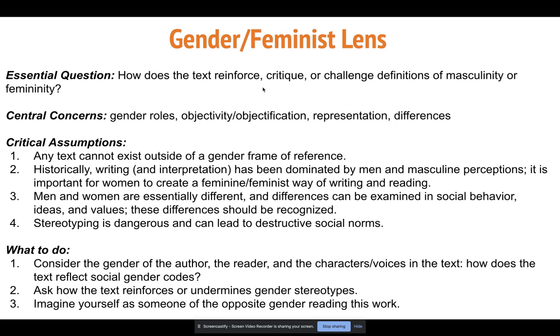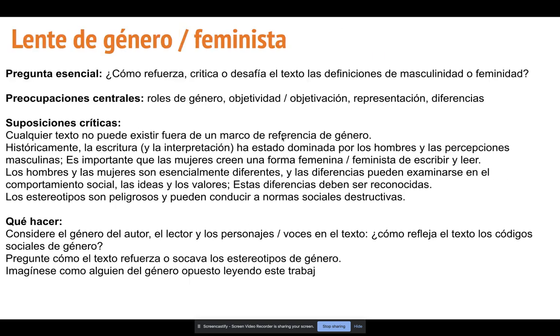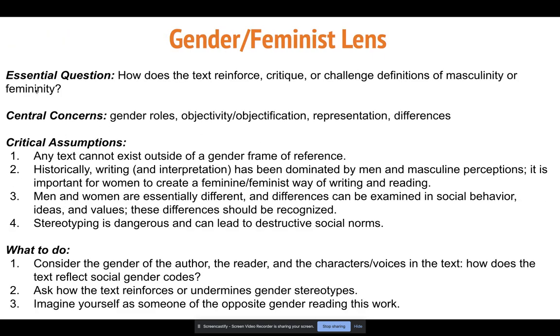If you're going to choose this lens, you should probably have a good idea about what it means to be masculine or feminine. Maybe you'd have some idea around gender roles, objectification, when men or women are not represented, and what differences are shown when they are represented in TV shows, in texts, in books, and in movies.